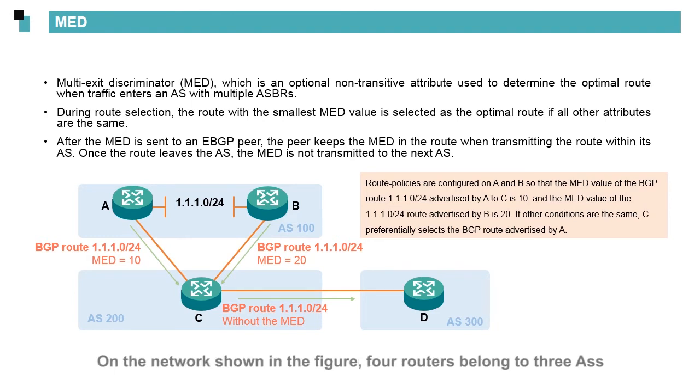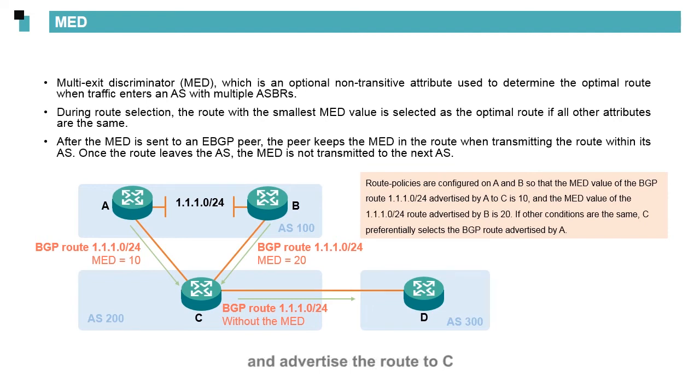On the network shown in the figure, 4 routers belong to 3 ASs. A and B belong to AS 100, and they both learn the route 1.1.1.0/24 and advertise the route to C. Because the MED value of the route received from A is smaller than that of the route received from B, C selects A as the next hop.